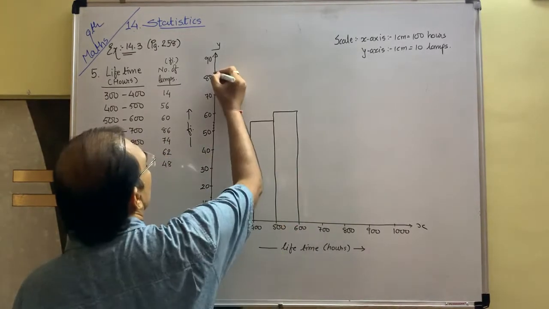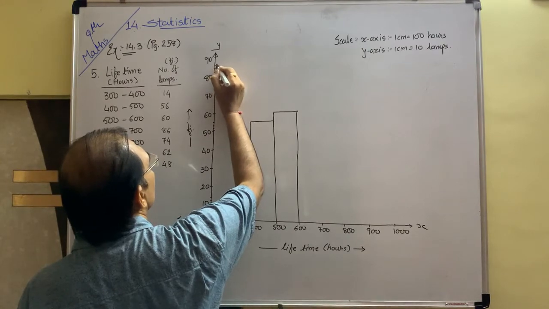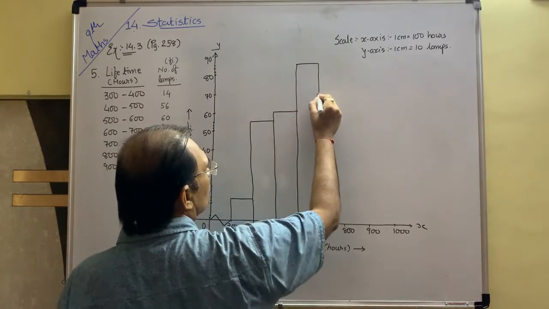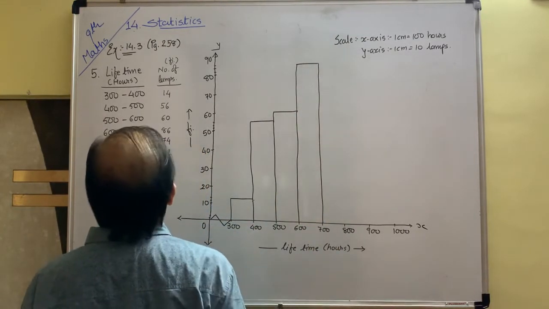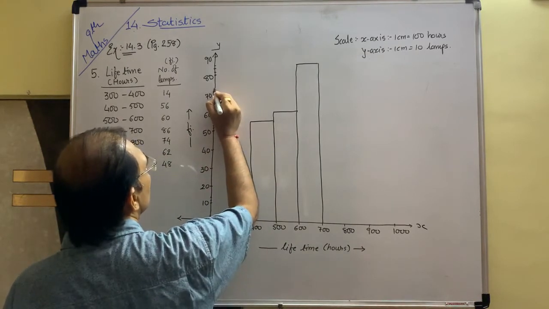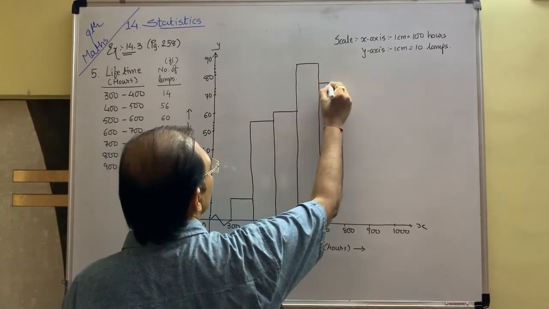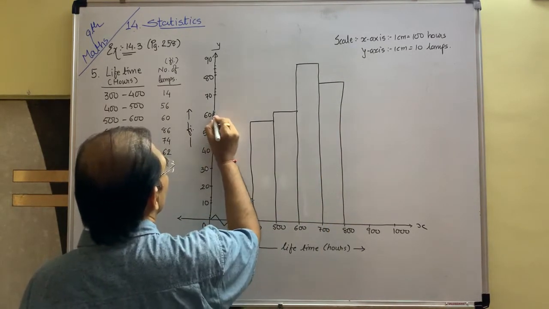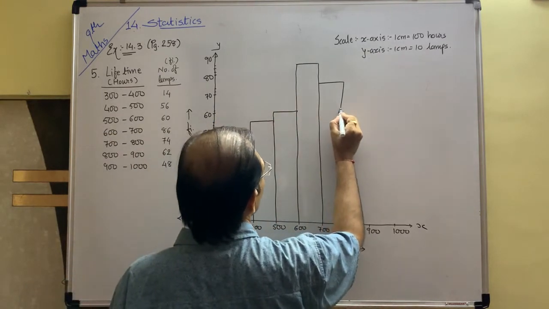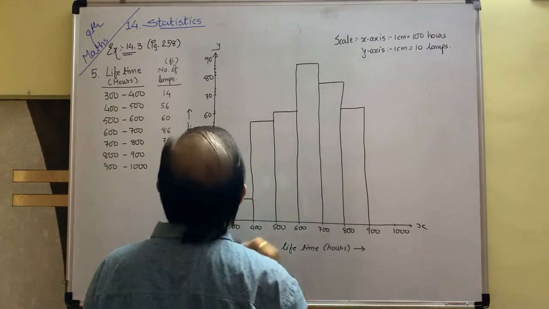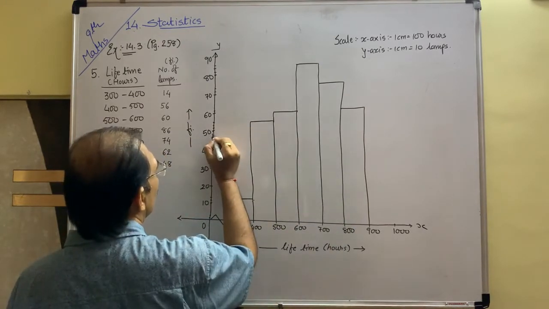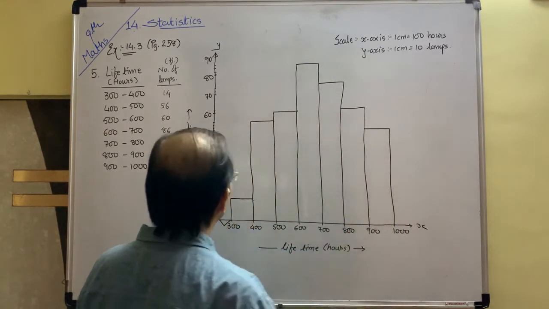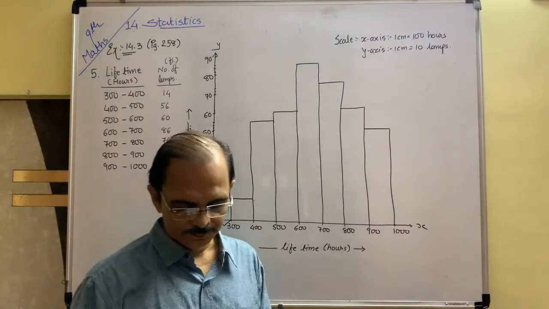Then 86: 80, 82, 84, 86. Then 74: 70, 72 and 74, 2 lines more than 70. Then 62: 60 and 1 line. Then 48: below 50 there is 1 line, that is called 48. So this is your graph of question number 5.